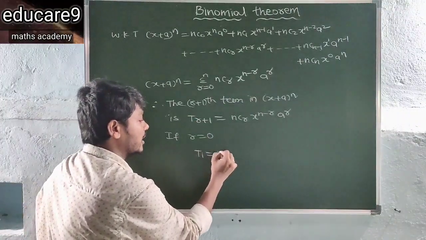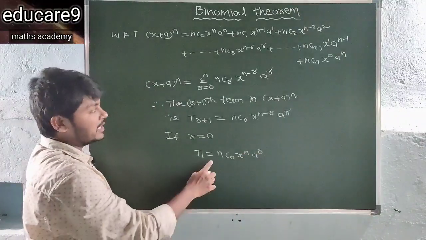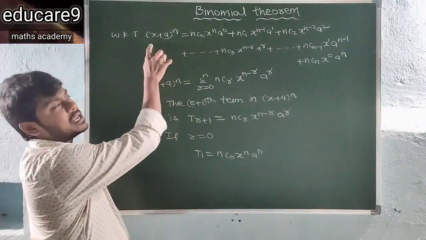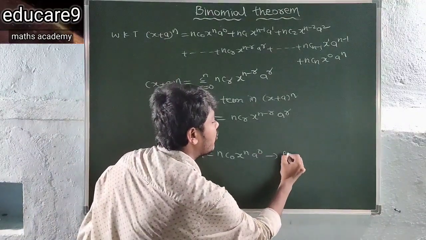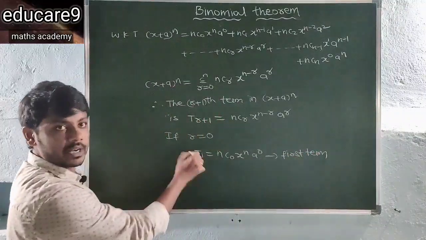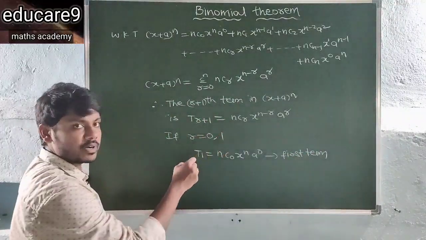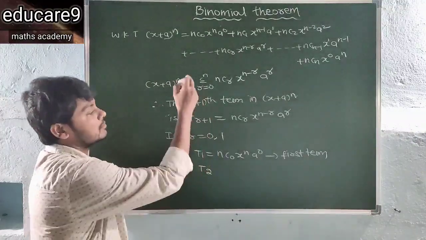T1 equals nC0 x^n a^0. So clearly this is the first term in the expansion of (x + a)^n. So this is the first term. That means T1. If you put r equals 1, we will get T2, that is the second term.